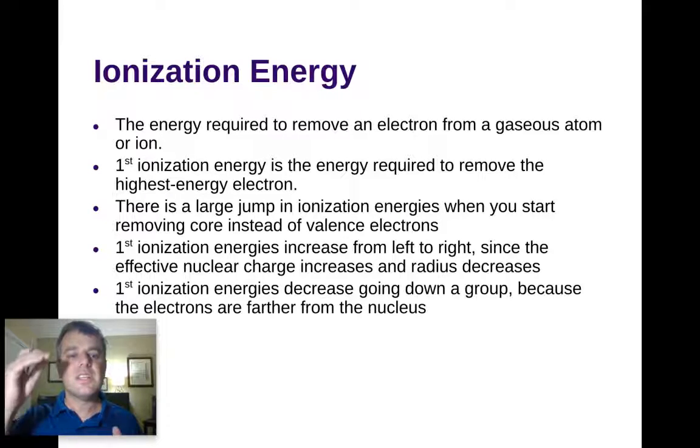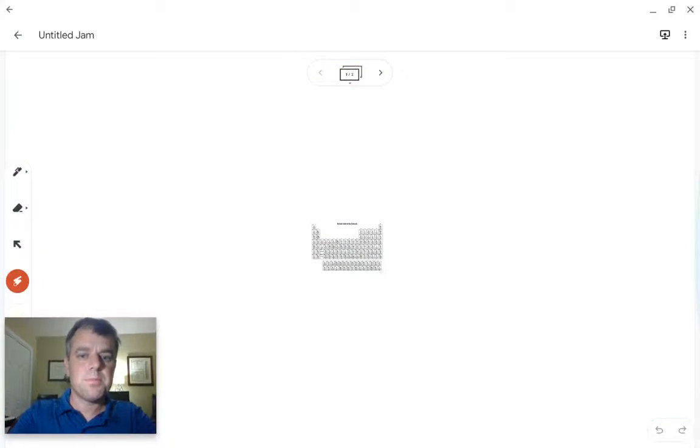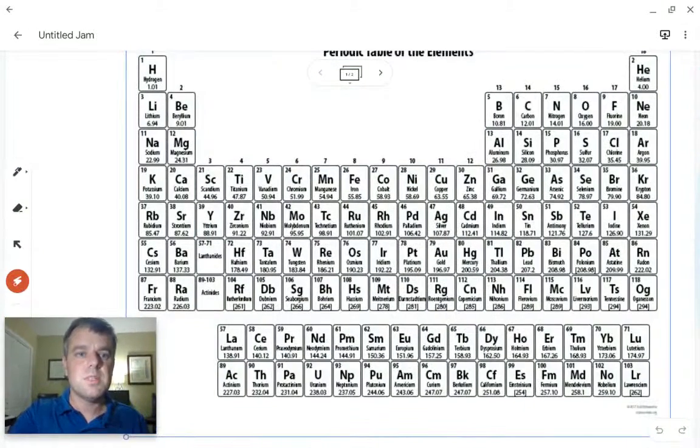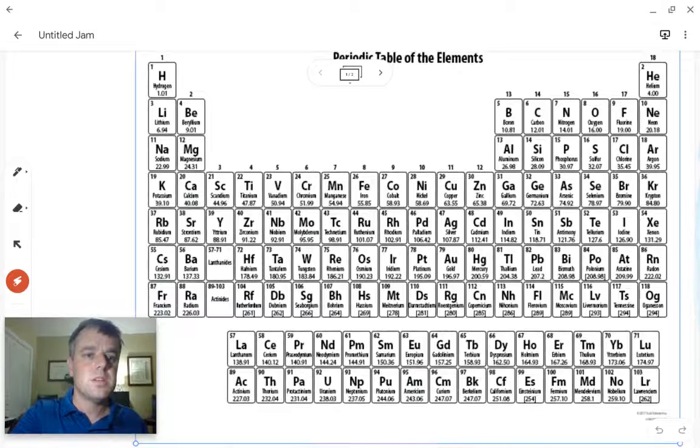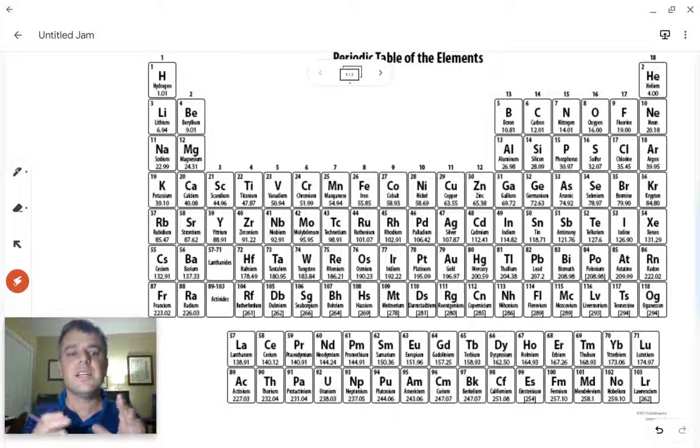And ionization energy decreases as you go down a group. So if we go from lithium to sodium to potassium to rubidium to cesium, the first ionization energy is going to decrease because that electron is further and further away from the nucleus.